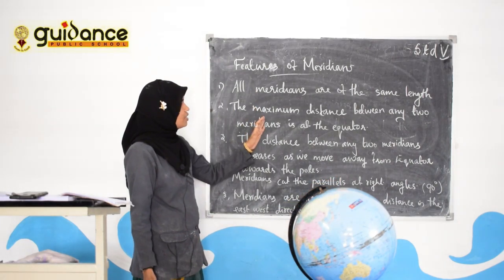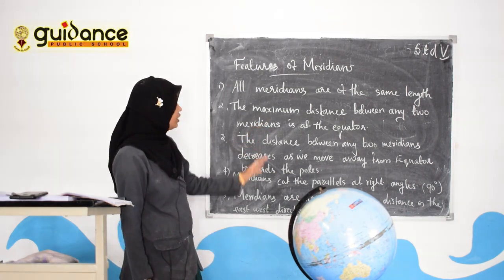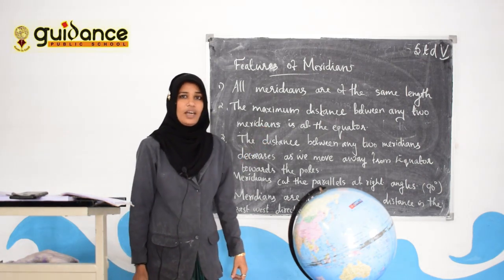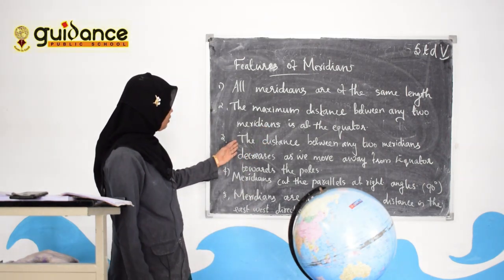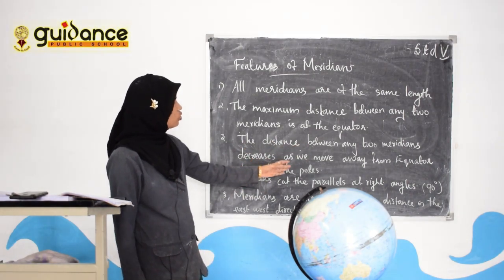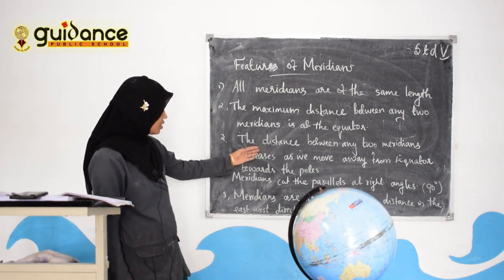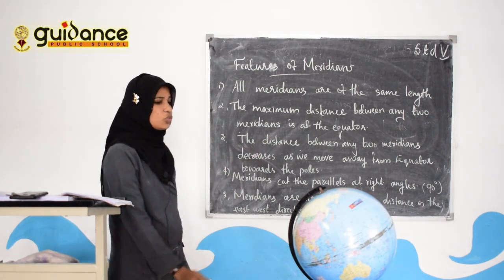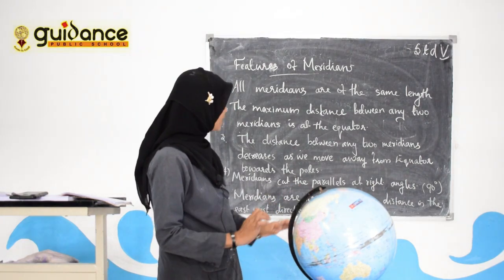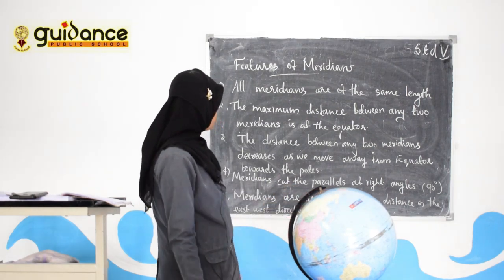The maximum distance between any two meridians is at the equator. And third one is, the distance between any two meridians decreases as we move away from the equator towards the poles.